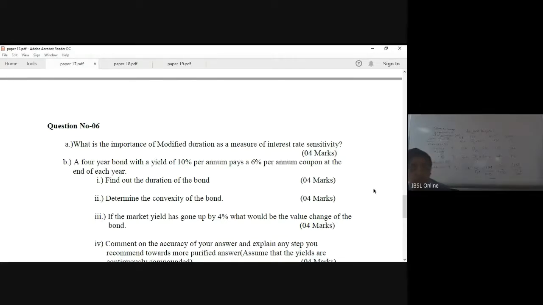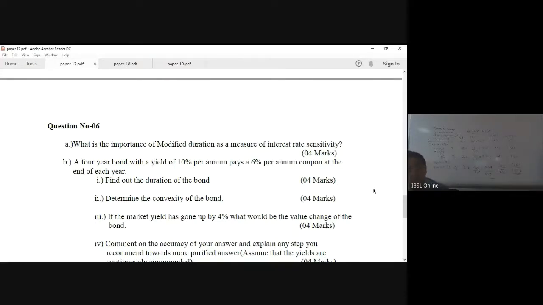Now, in this particular one, how are we going to find out the duration? Since it is a 4-year bond, you get coupon payments per annum, and assume the bond value as 1,000 or 100, whatever. I think it is better if you assume it as 1,000 face value.